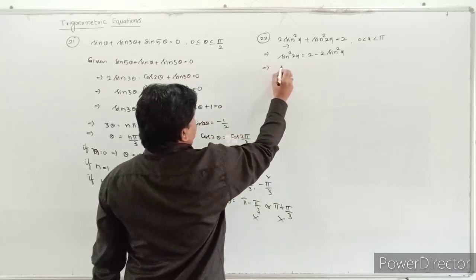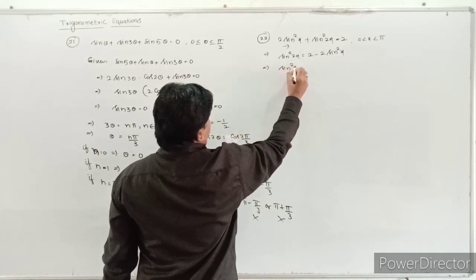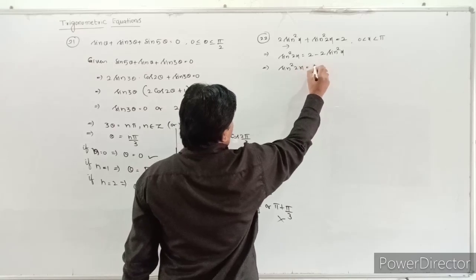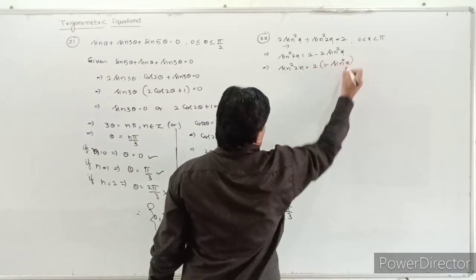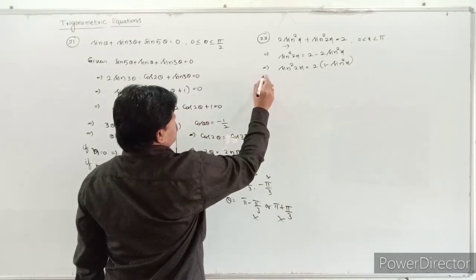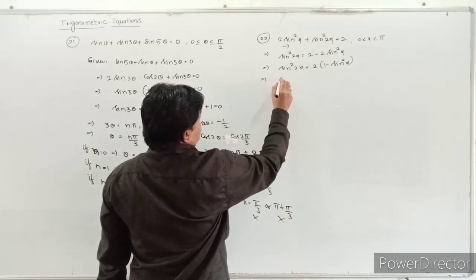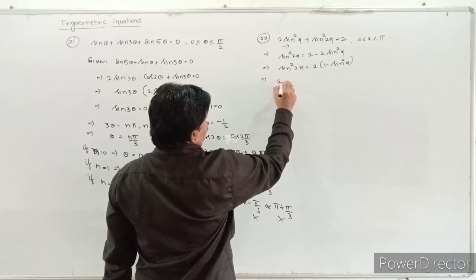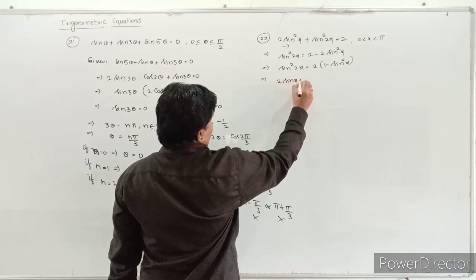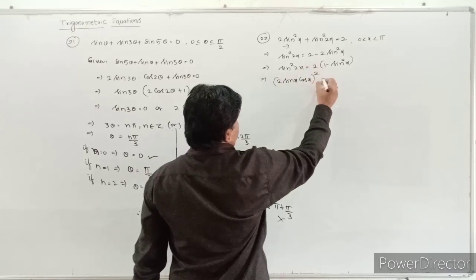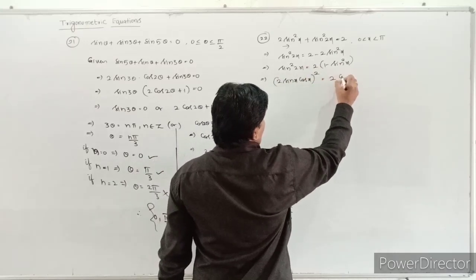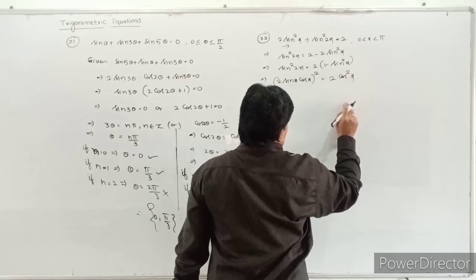That implies sine square 2x is equal to, taking 2 common, 2 times 1 minus sine square x. Sine square 2x is nothing but 2 sine x cos x whole square, that is equal to 2 times 1 minus sine square x, which is nothing but cos square x.